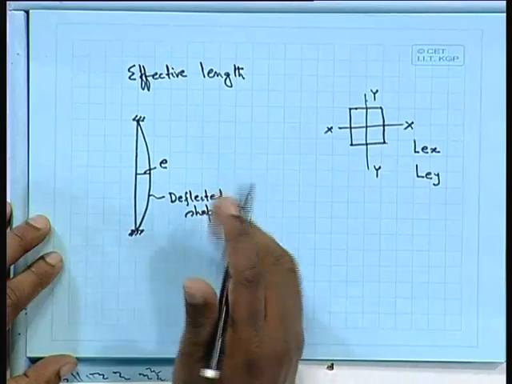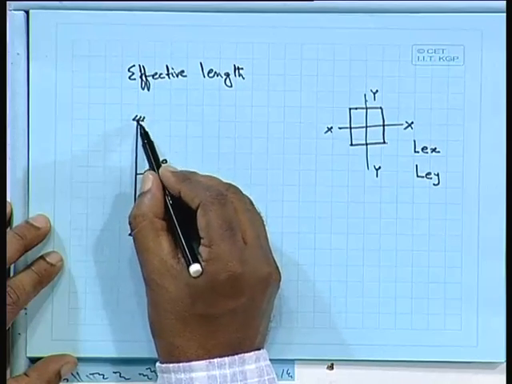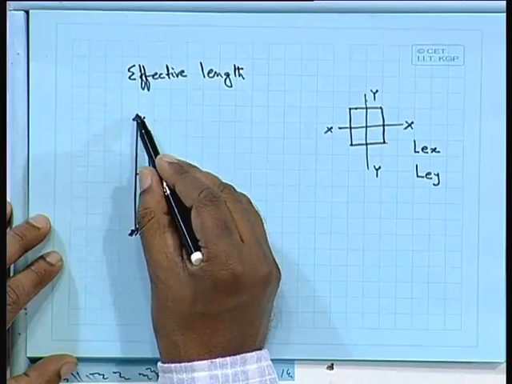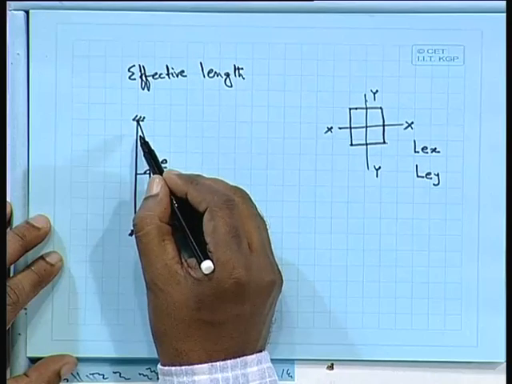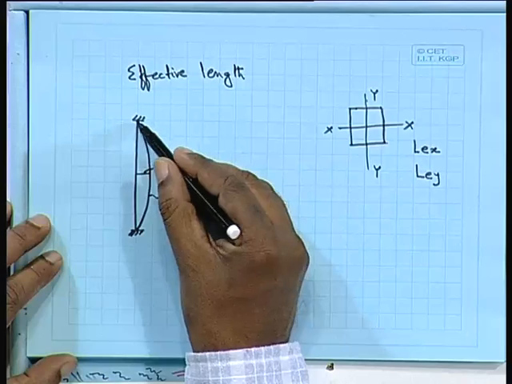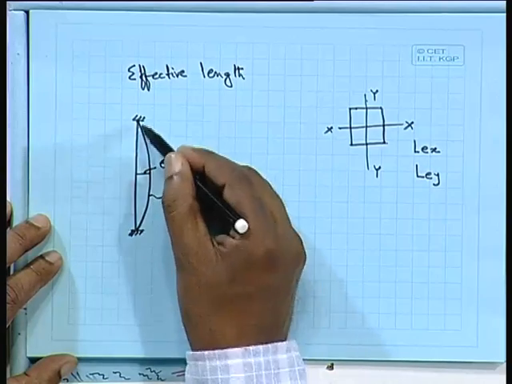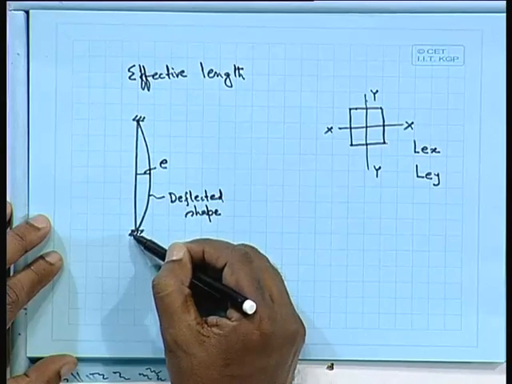We are not talking about any eccentricity at the top; we are talking as if the loads are acting from the center line of the column, even then there could be some kind of deflection, that is buckling of the column.